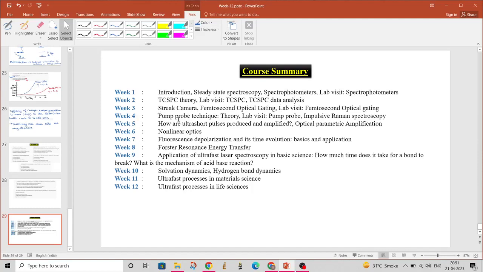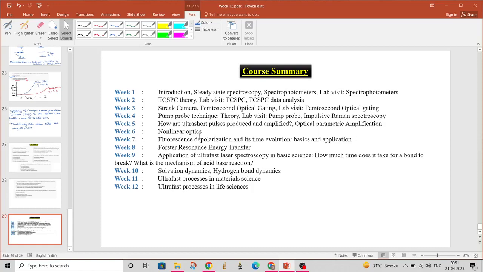In week 3, we looked at how lifetime is measured using femtosecond optical gating, which is more sensitive than TCSPC. There was again a lab visit demonstrating femtosecond optical gating. Then in week 4, we were introduced to the pump probe technique, which is most commonly used in ultrafast spectroscopy.